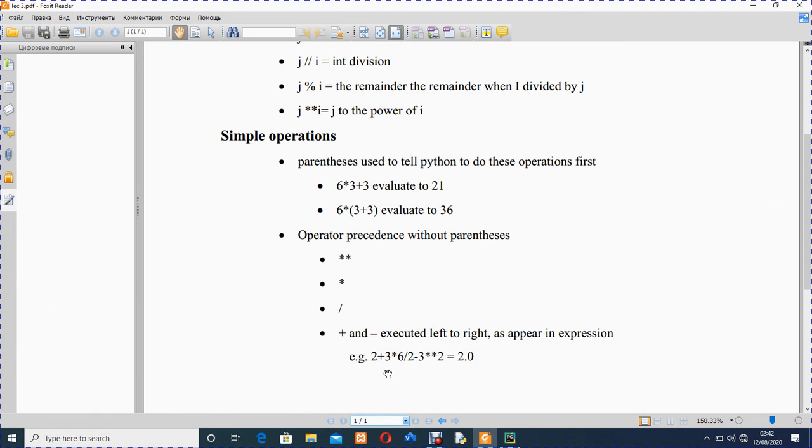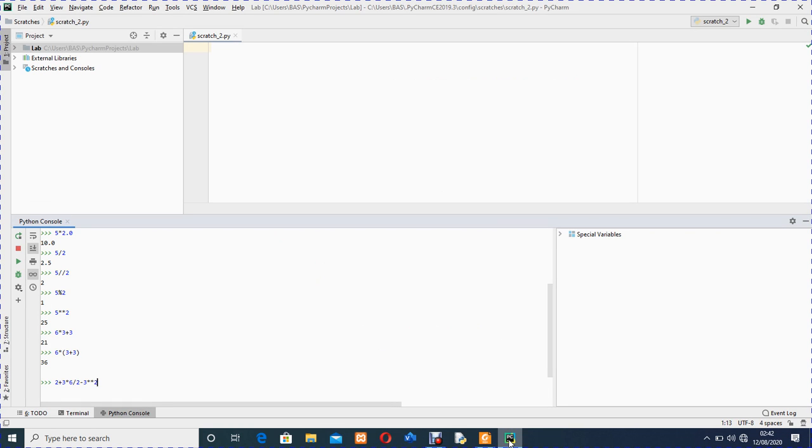I think that's how the equation is. Let's run it and see. You see, our result is 2. You see, it followed the condition.